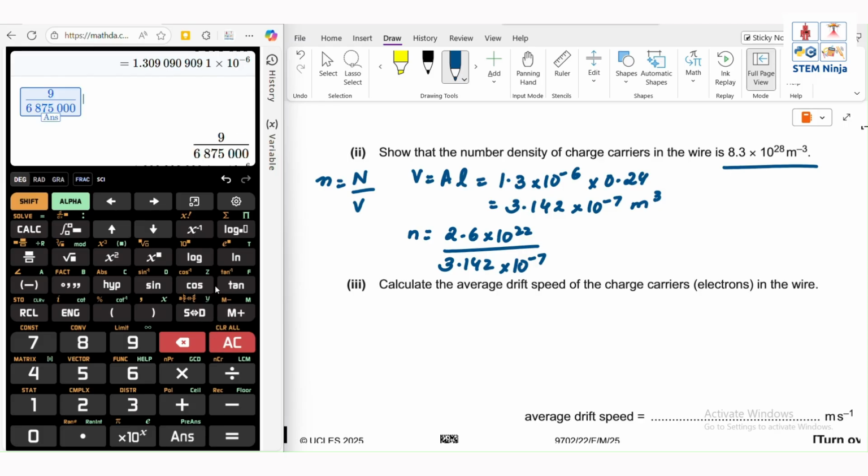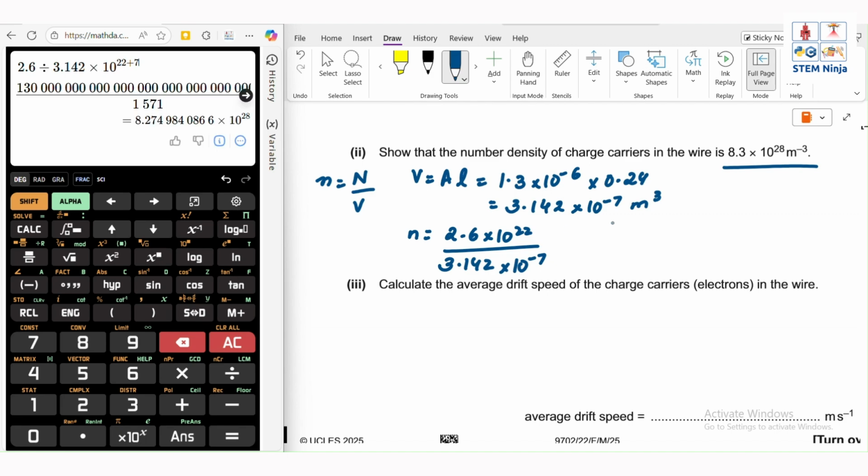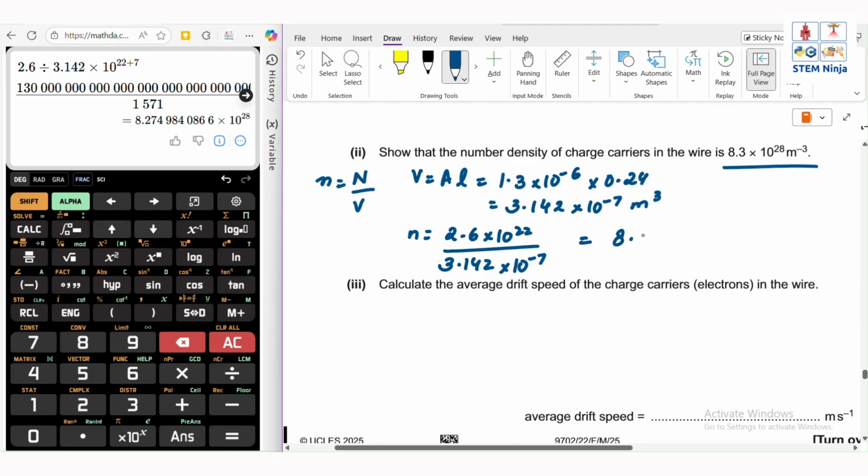The answer that we had was this. Oh, sorry. Okay, never mind. So 2.6 divided by 3.142 times 10^(22+7). This is 8.3 × 10^28 per meter cubed.